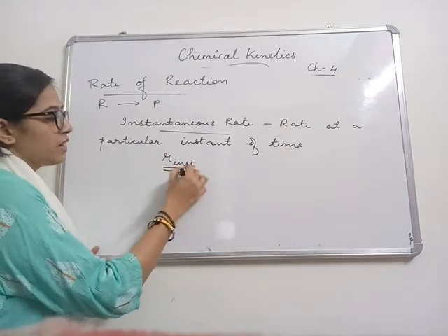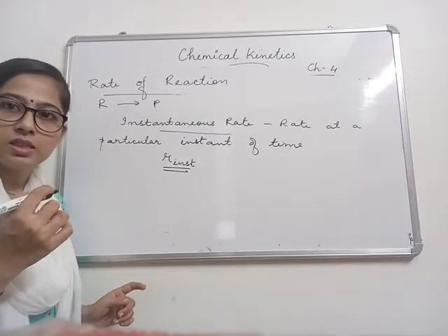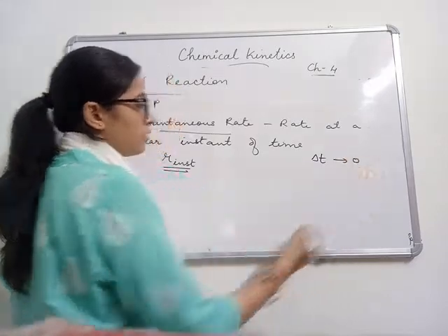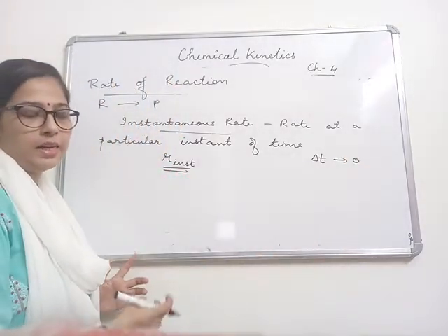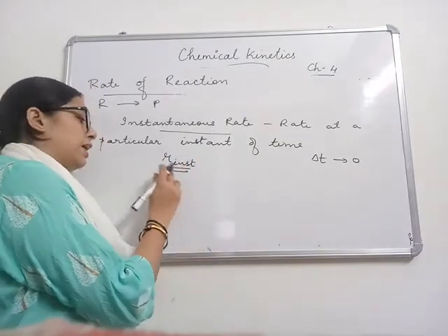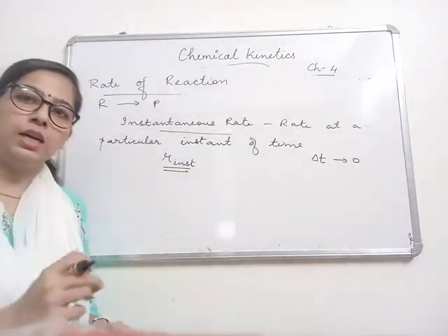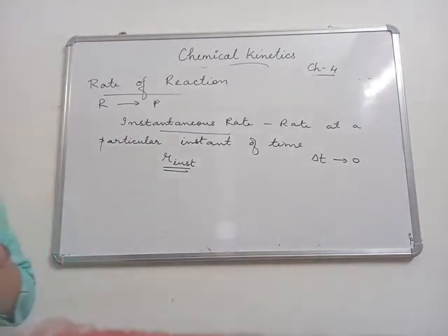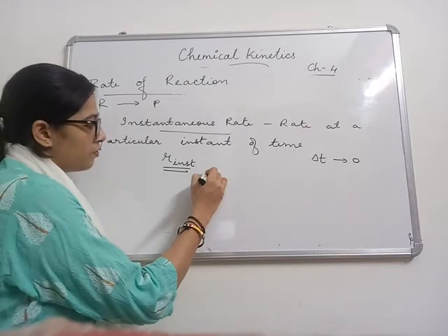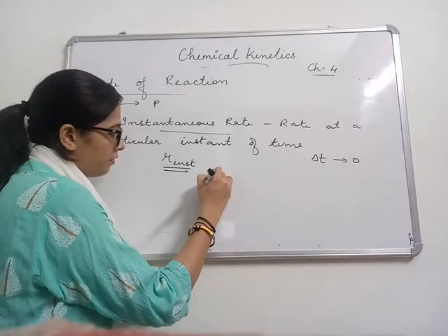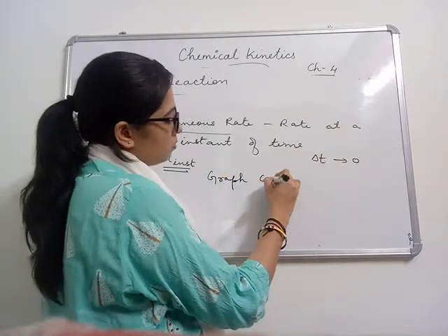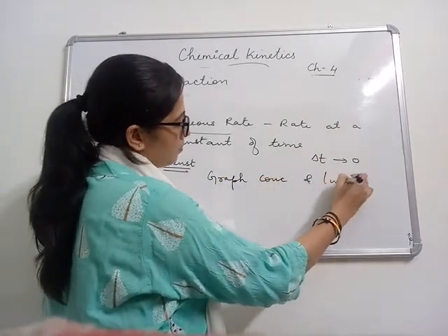But instantaneous rate is a rate when the time change is approaching 0. There is no time change basically, it approaches 0. It's a very small change. So we will say R instantaneous is the rate at a particular instant. For a reaction, if you have to find the instantaneous rate, we need to make a graph between the concentration and time.